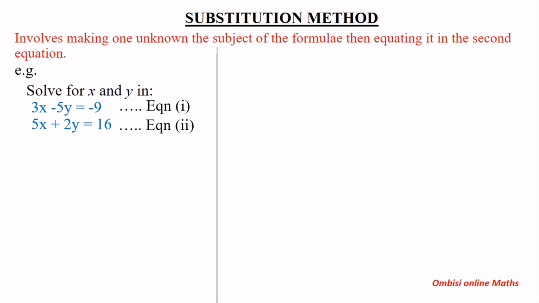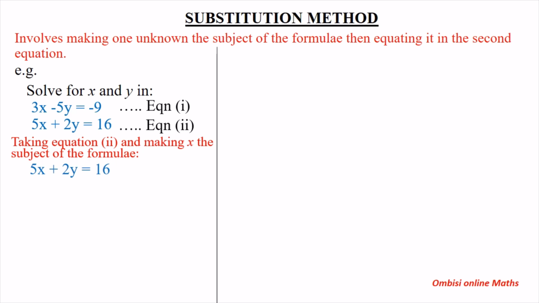Going ahead, we are going to take equation 2 and make x the subject of the formula. So taking equation 2 and making x the subject of the formula, that means we are going to subtract 2y from both sides. So you subtract 2y from both sides and you end up with 5x equals 16 minus 2y.